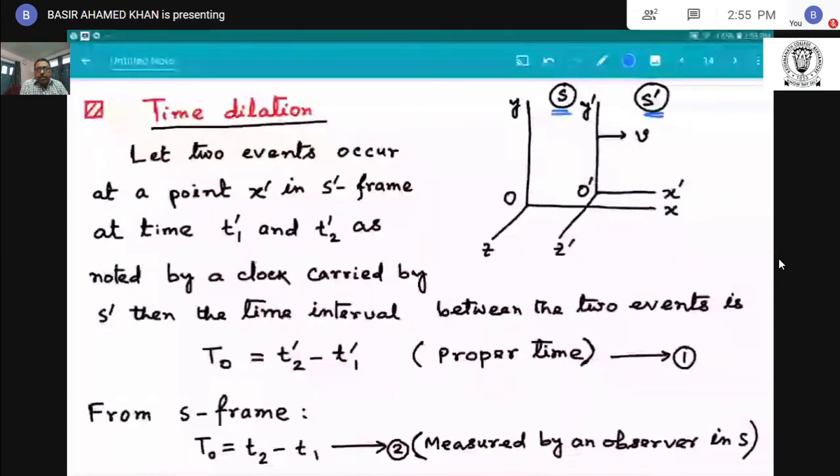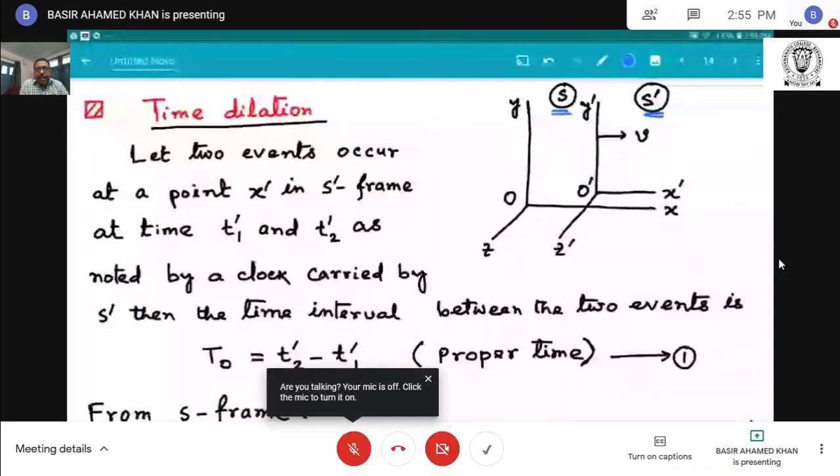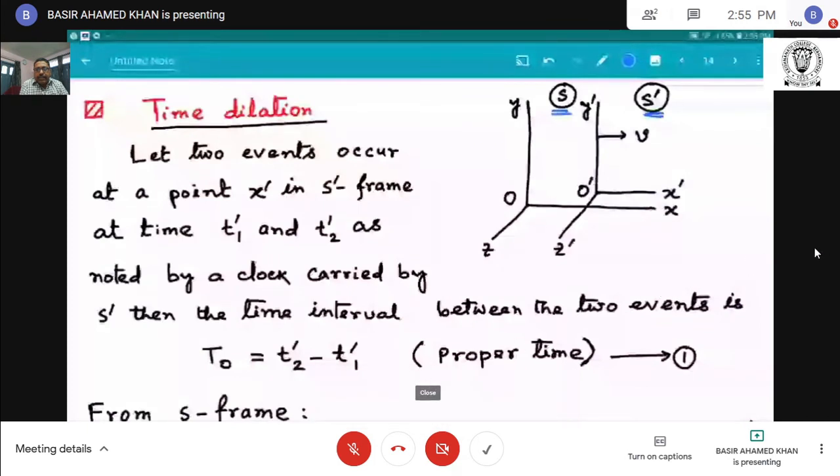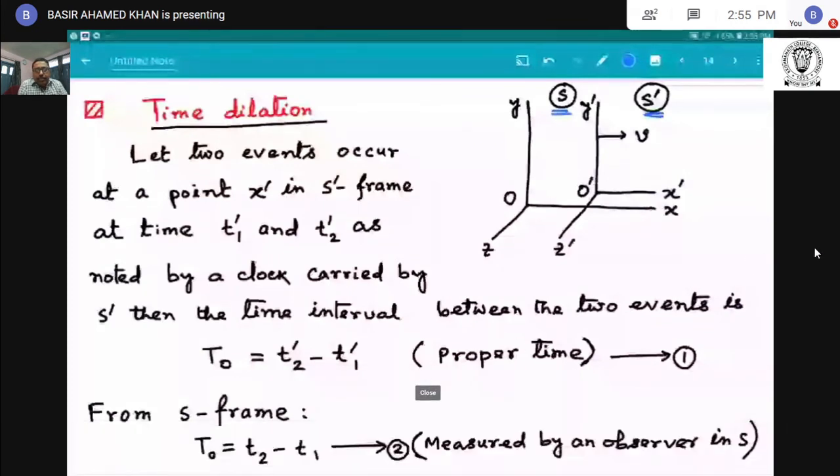We consider two events in S dash frame occurring at a point at times t1 dash and t2 dash. Therefore, to an observer in S dash frame, the measurable time of these two events is t0 equal to t2 prime minus t1 prime. This is the proper time.